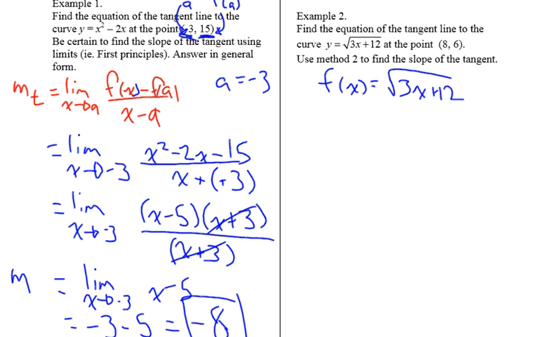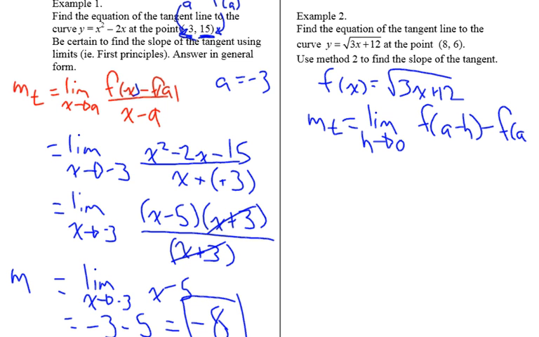All right, so this is our function here, and we're going to use the method of finding slope that looks like this. The second method: the limit as h approaches 0 of f of a minus h minus f of a over h.